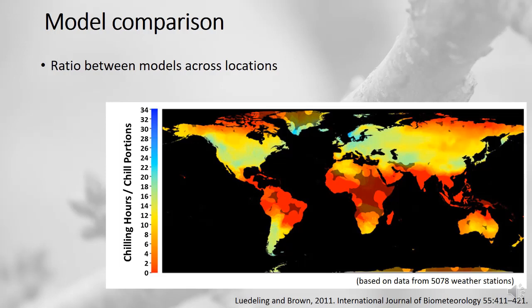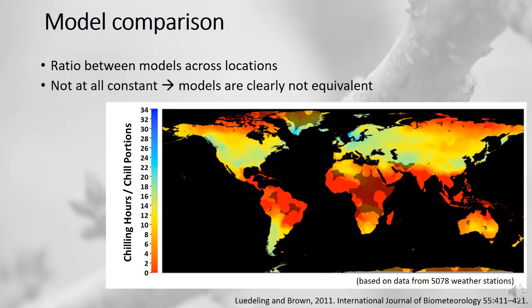We may be completely off if we use such a poor model in such contexts. The ratios are not at all constant, and the models are clearly not equivalent. So we really need to think hard about which model to use, and we probably need a bit of work to validate which one is actually closest to the truth.